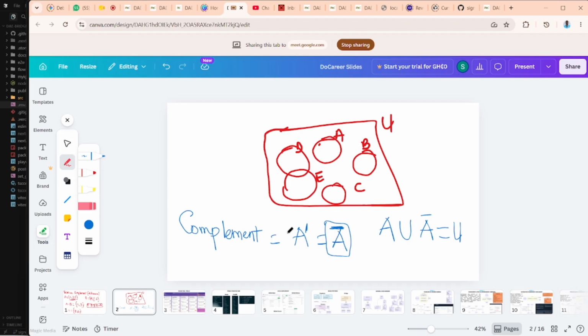Now that we know the universal set, let's say we have a universal set of this, the master.